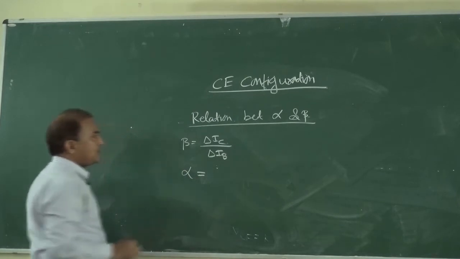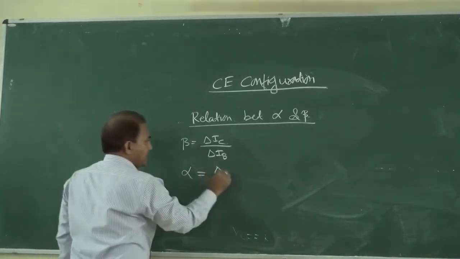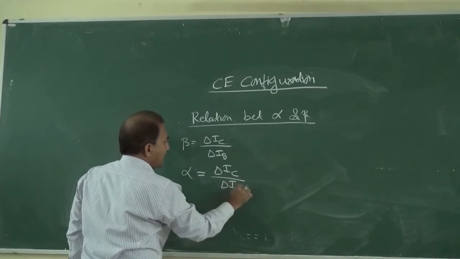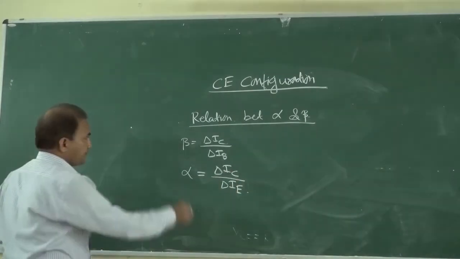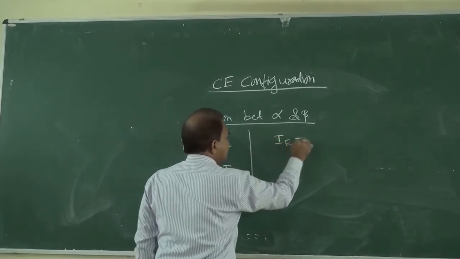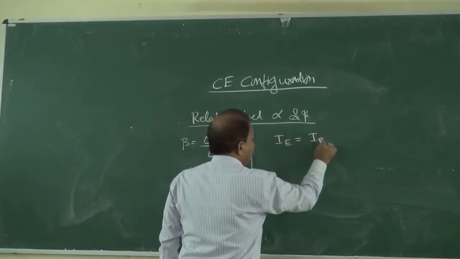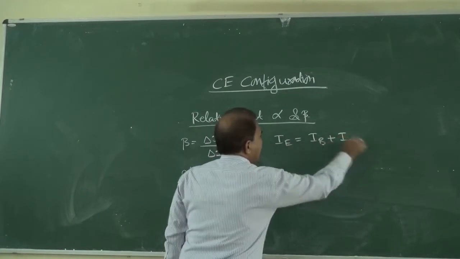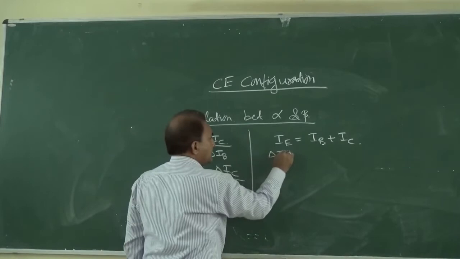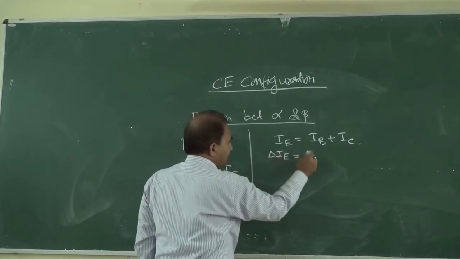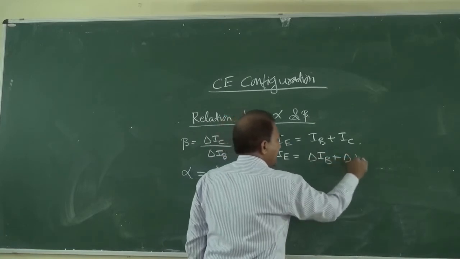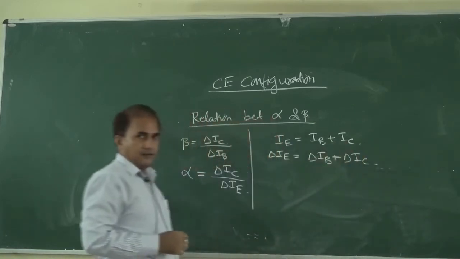Similarly, alpha is equal to del IC divided by del IE. As we know, IE is equal to IB plus IC, so we can also write del IE is equal to del IB plus del IC.